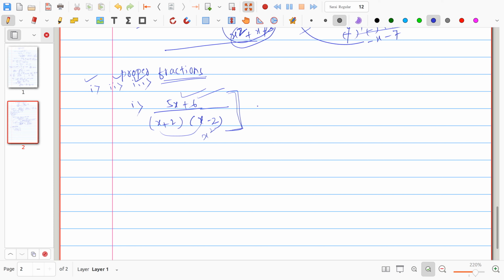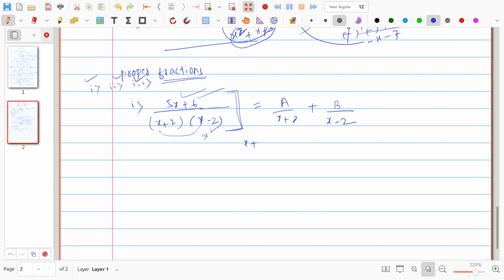Then we can write this equation in partial fractions like this. Here the equation does not contain squares, so we can simply write a divided by x plus 2 plus b divided by x minus 2. And what is the LCM that comes here?